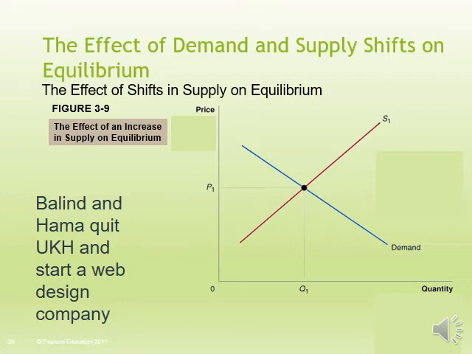But the supply curve moves to the right. That will bring the price of websites down. It will move from P1 to P2, which will be less. And the quantity demanded will increase. It will move from Q1 to Q2, and that will be an increase.